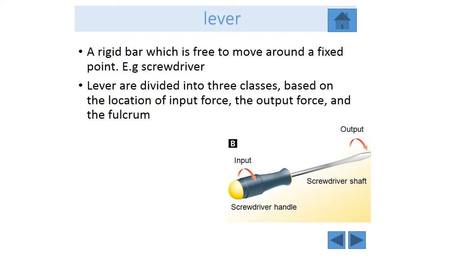Underneath it is a diagram which illustrates an example of a lever, which is a screwdriver. As you can see, you can spot the input force, the output force, and the fulcrum in the image illustrated below.